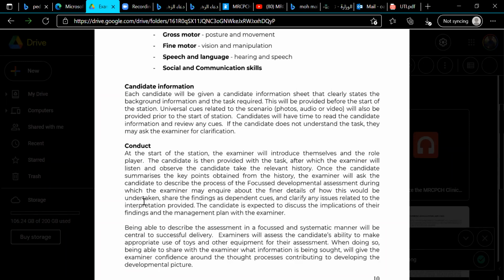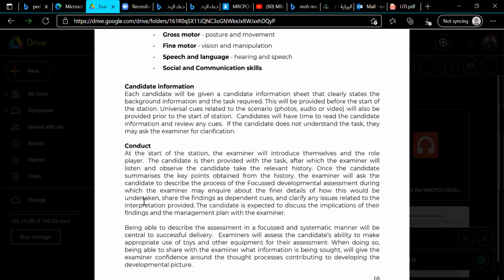When doing so, being able to share with the examiner what information is being sought will give the examiner confidence around the thought process, contributing to development.